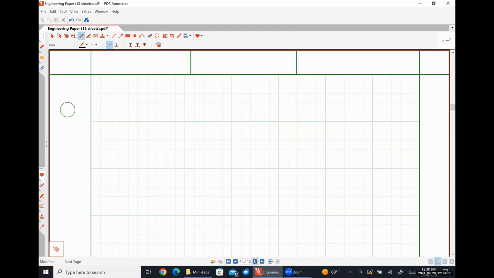So let's look first at a few different DC generators. And let's start with a separately excited DC generator.